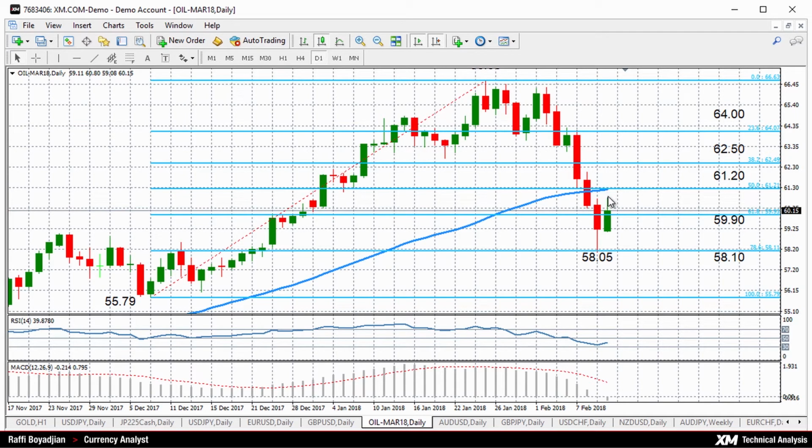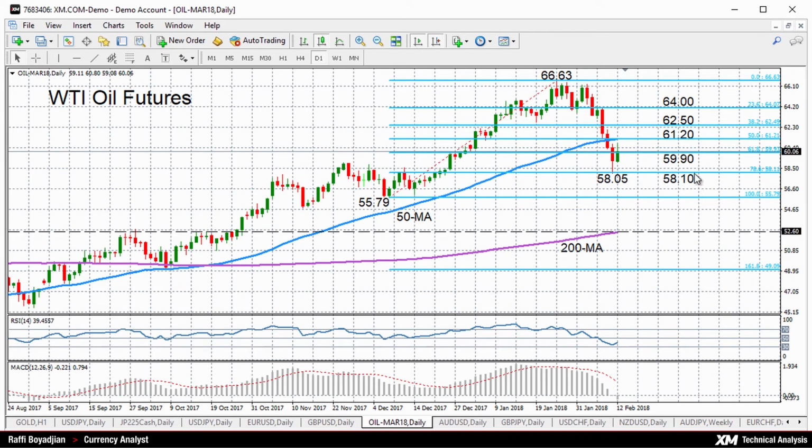The immediate resistance to watch out for is the 50% Fibonacci retracement at 61.20. A break above 61.20 would then clear the way towards 62.50 and the 64 handle. Those are the 38.2% and the 23.6% Fibonacci retracement levels respectively.